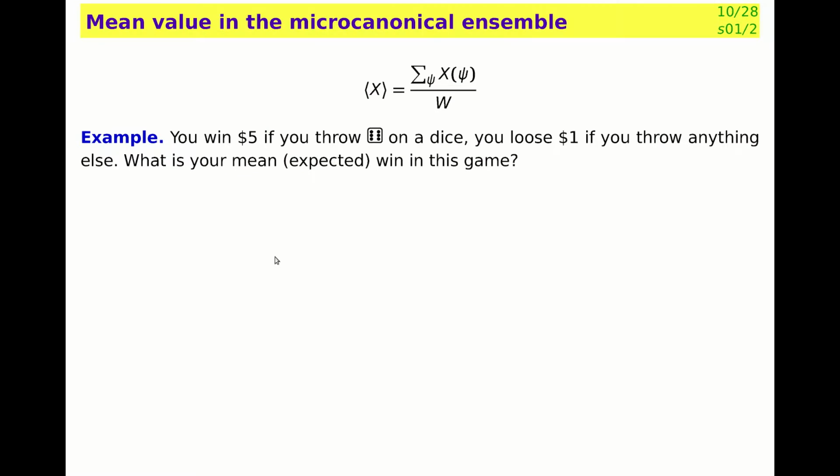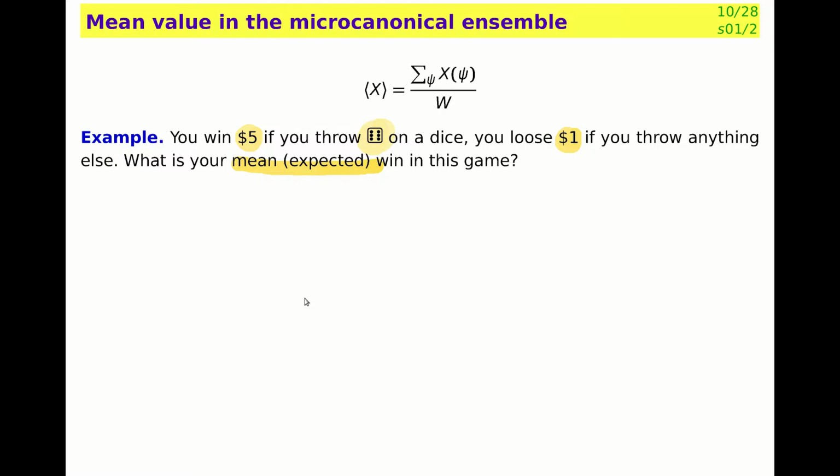And I guess one small example is useful here. Let us say that we throw dice and we play quite a silly game: if there is number 6 on the dice, you win $5, and if there's anything else like 1, 2 and so on, you lose $1. And the question is, what is the expected or mean win in this game?